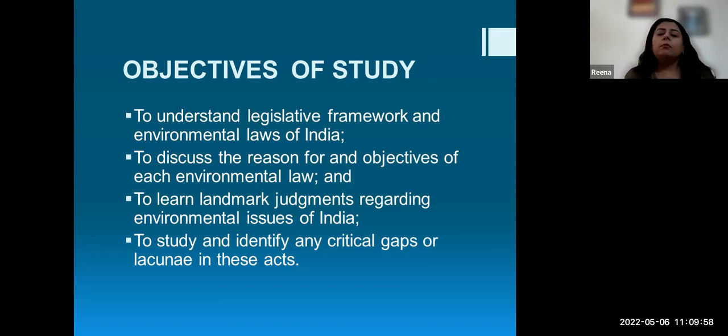Those landmark judgments are like classical judgments or historical judgments in the field of environment management, and to study and identify critical gaps or lacuna in these acts so that if there are any amendments in future, or if we have to take up any projects, we can take care of these gaps. Accordingly, we can prepare a better environment management, and we can adopt better tools and strategies for environmental governance.